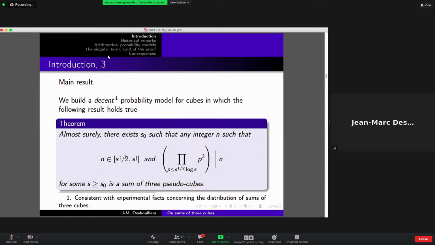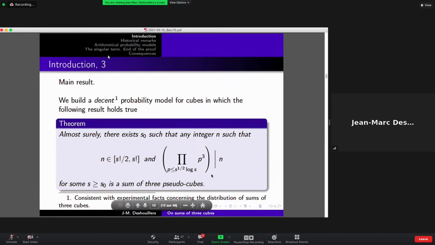So, and then we have the following. You will see where it comes from, but this is just an artifact of the method, and you can really suppress this. Essentially what it says is that almost surely, as soon as n is large enough and divisible by the first primes to the power 3, then it is a sum of three pseudo cubes.